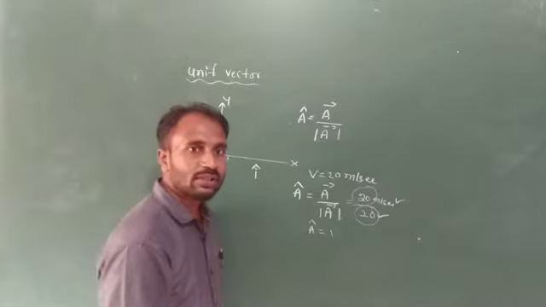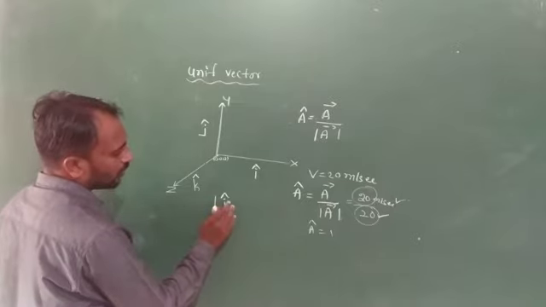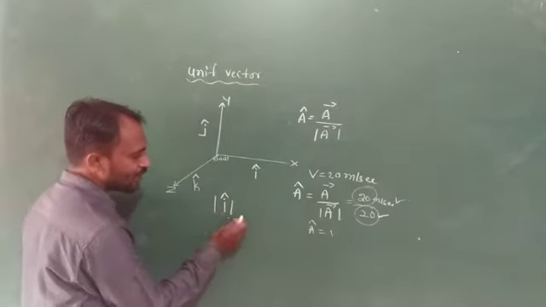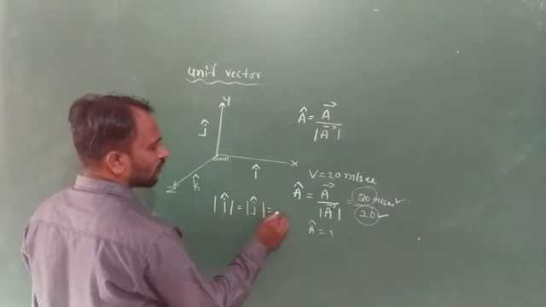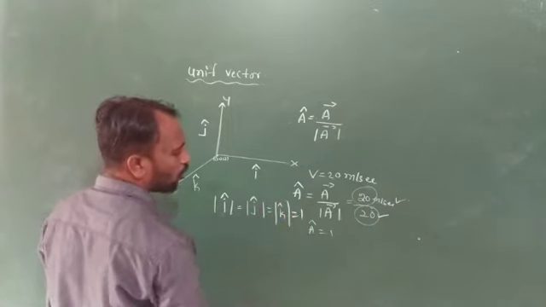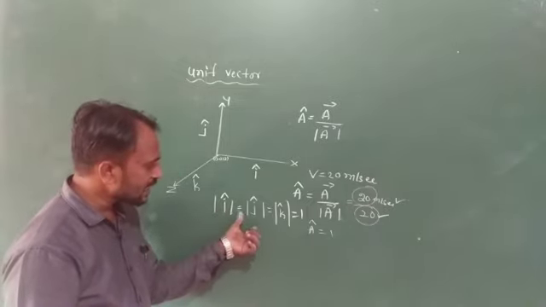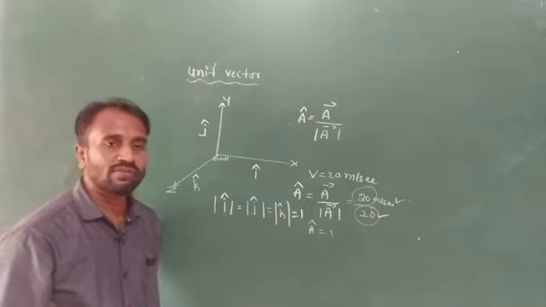Another thing: modulus of i cap is equal to modulus of j cap is equal to modulus of k cap, and this is always 1. Why?